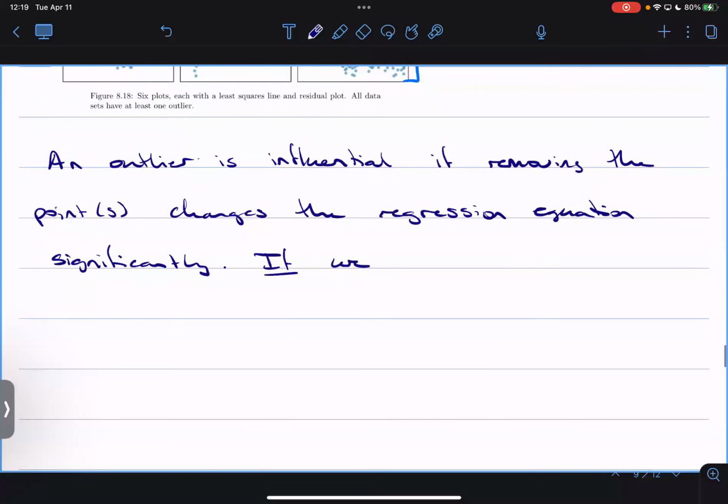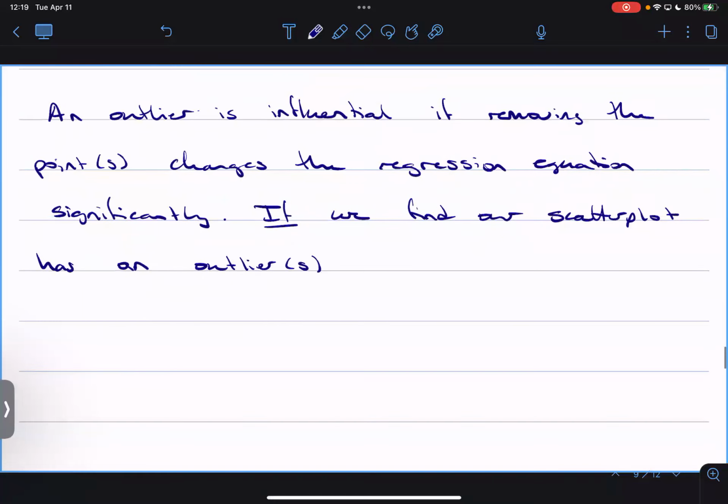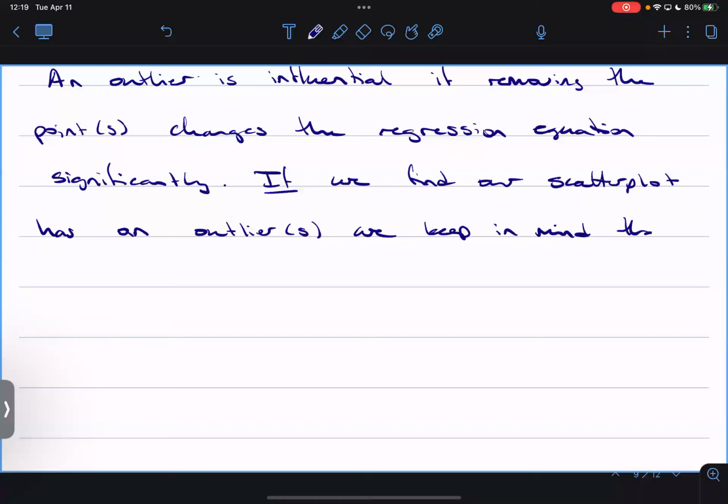So if we find our scatter plot has an outlier, but potentially more than one, we keep in mind that we want to keep as much data as possible.